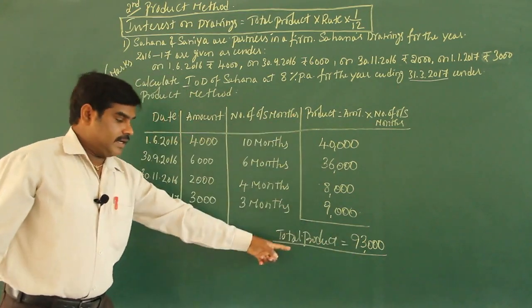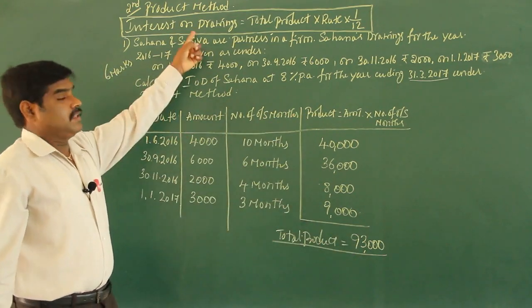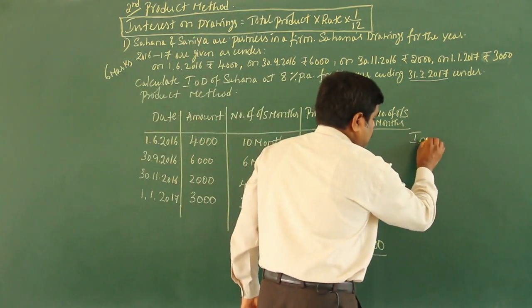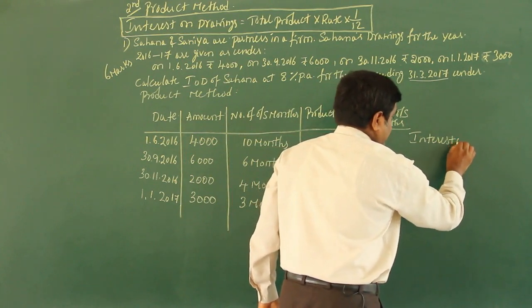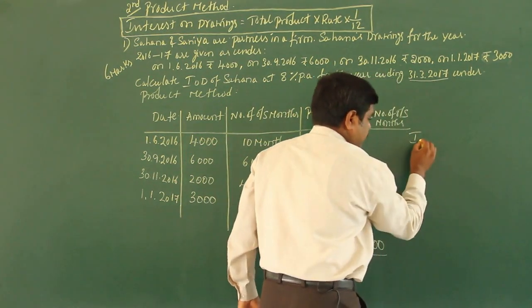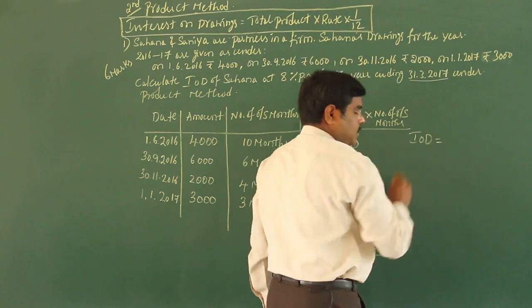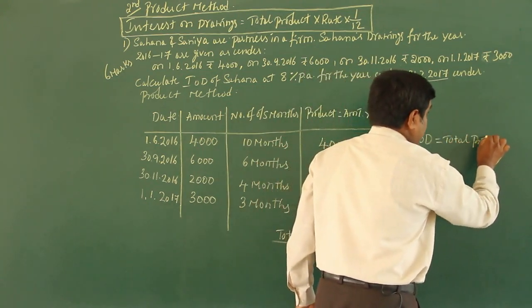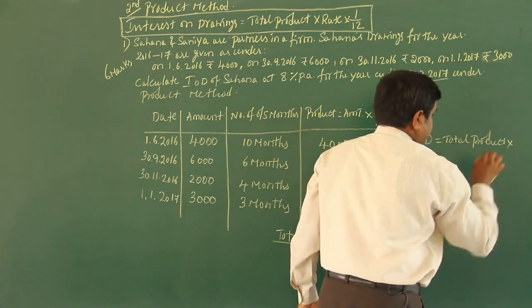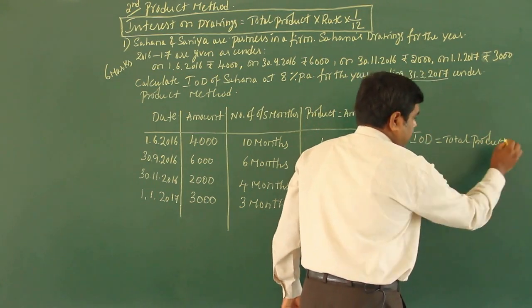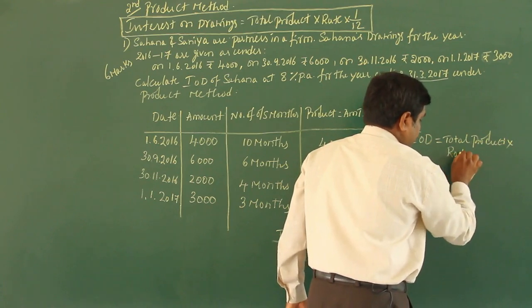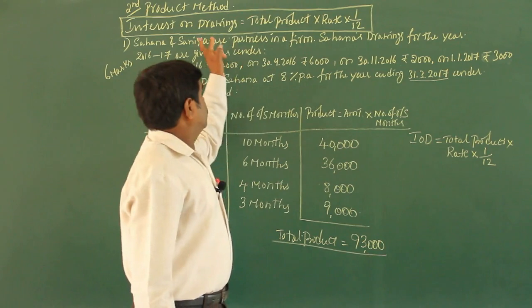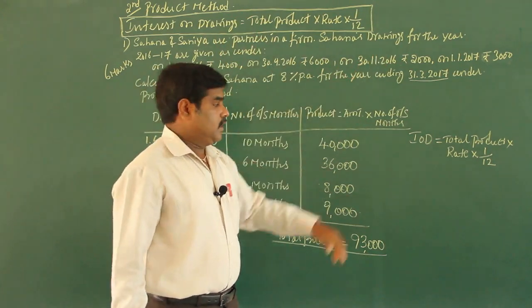So after calculating the total product, next apply the formula. Interest on drawings, I'll write it in short form, is equal to total product into rate into 1/12.